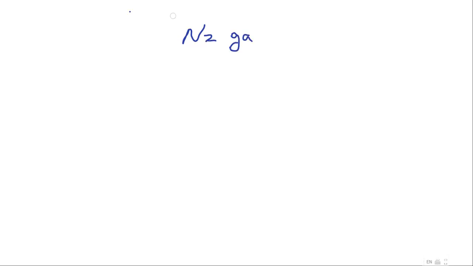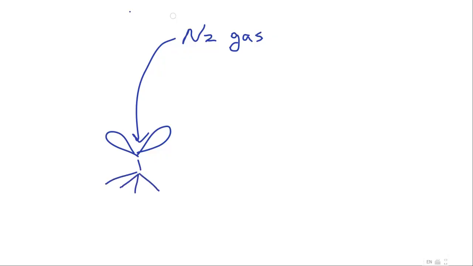Okay. How does this get down to the soil? Well, it gets down to the soil through legumes that have nodules in their roots that house the bacteria, which convert nitrogen gas into ammonia. Let's see. So this is kind of complicated.